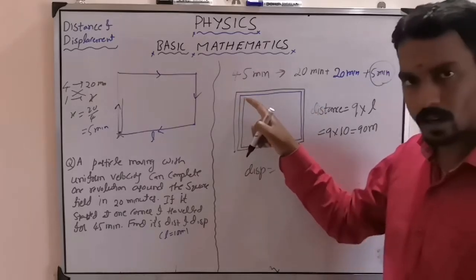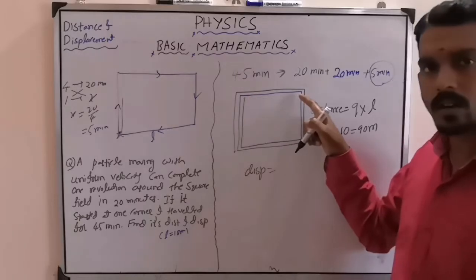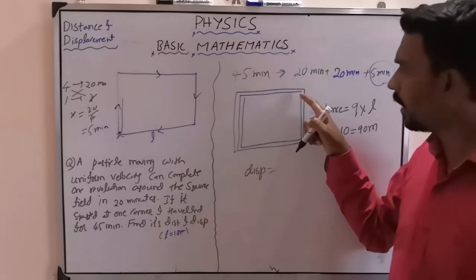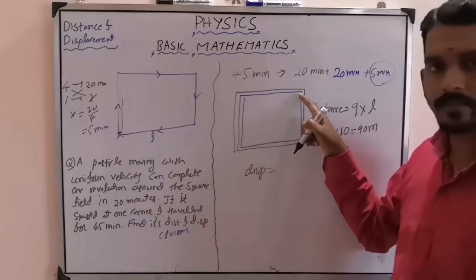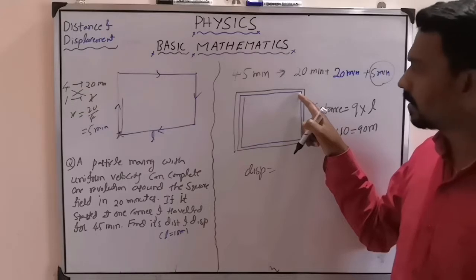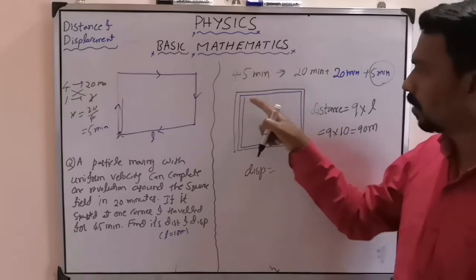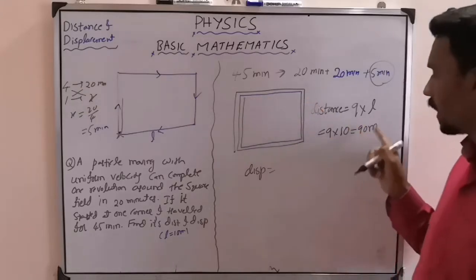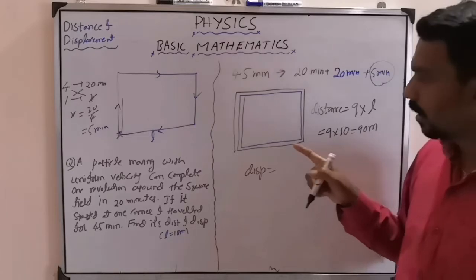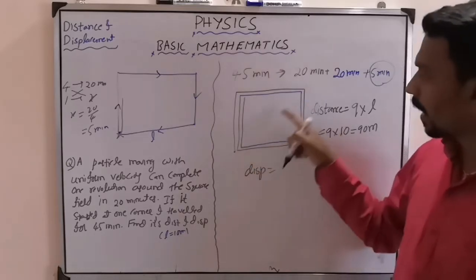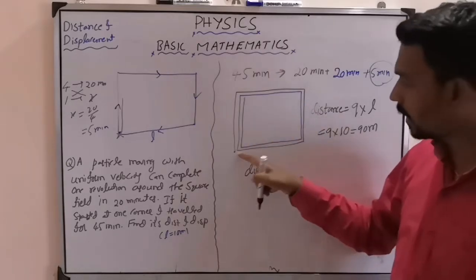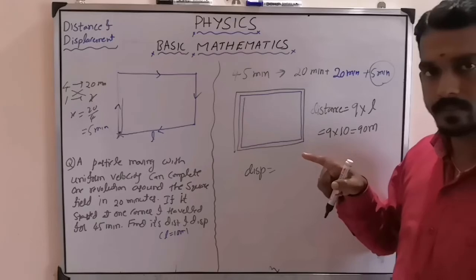So 5 one round, 5 one more round. He could have ended his journey here. Then the distance will have one more side added. So 90 plus 10 will become the distance, and displacement will become the diagonal, because he started here, he ended here.